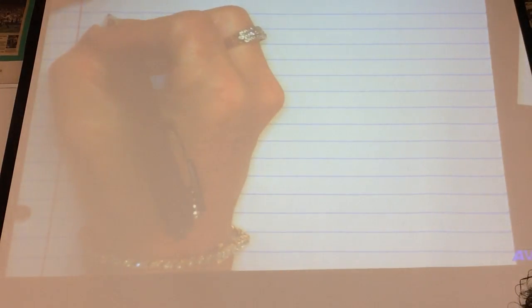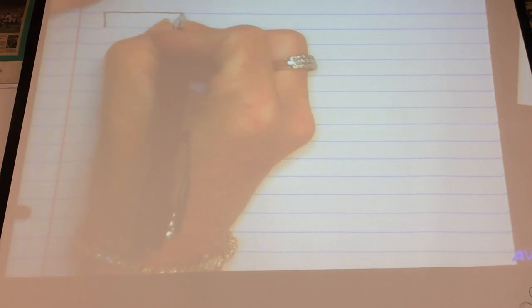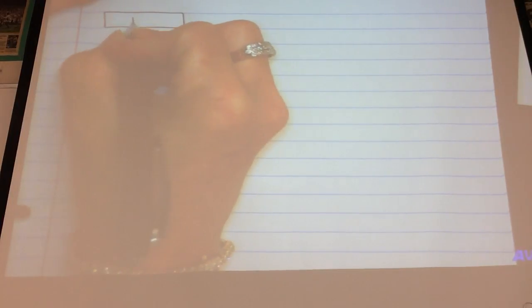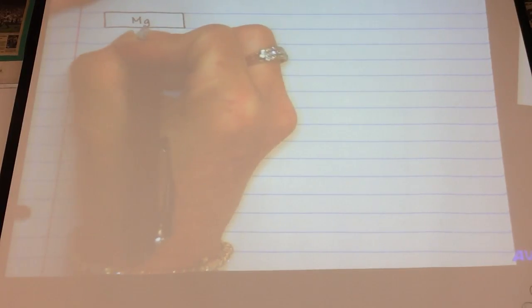Well, I would need a certain length of magnesium ribbon. So let's say that this is the length of my magnesium ribbon. Chemical symbol for magnesium is capital M, little g. We'll learn more about that later, although you've probably seen that before in middle school.